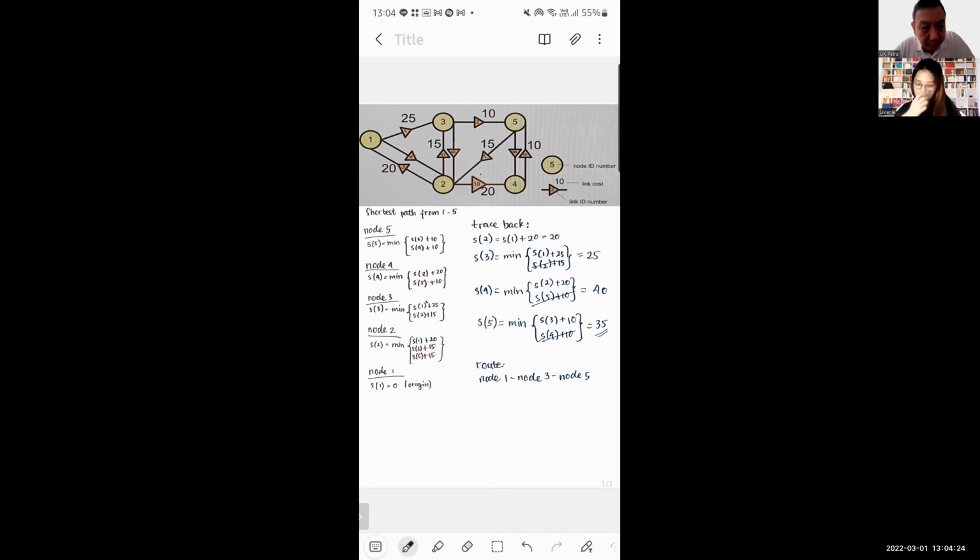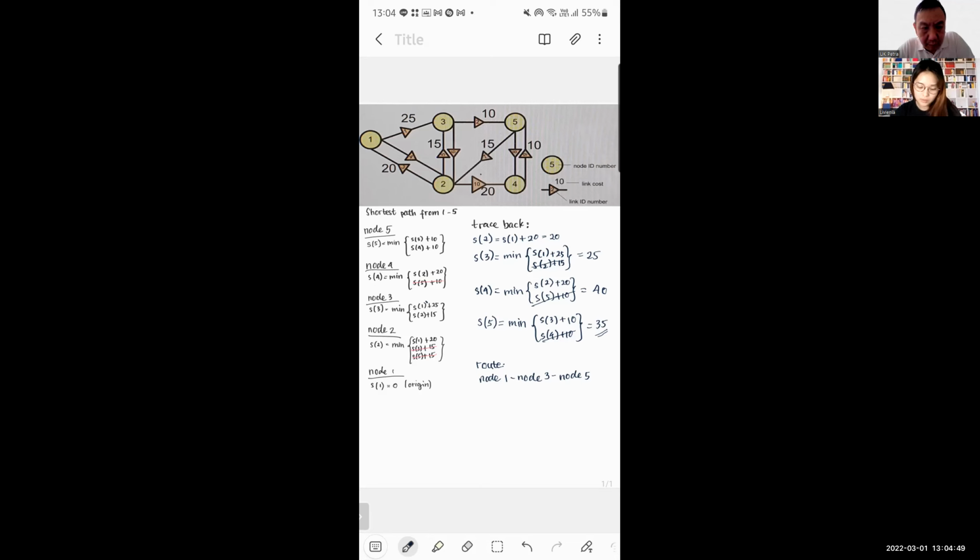And then we move to node 3, and we look for the links that go into node 3, and we found S1 plus 25 and also S2 plus 15. And then we go to node 2.